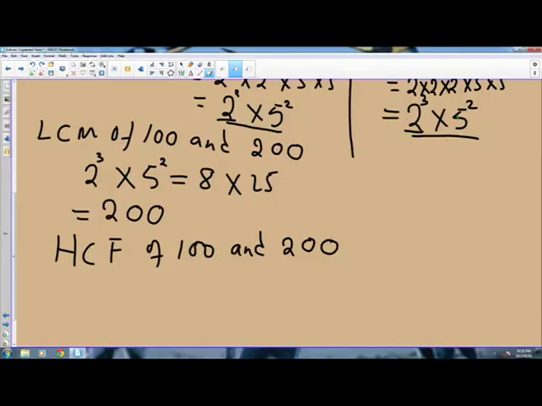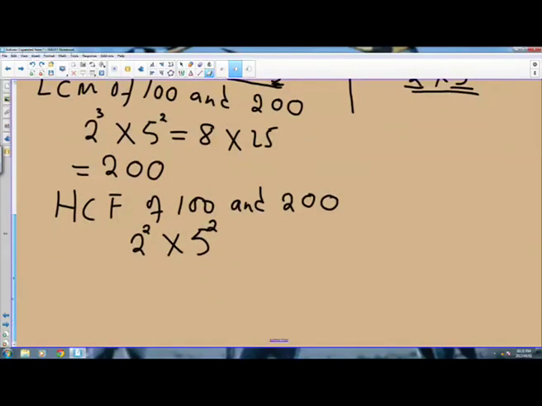So this will be 2 to the power 2 times, and then check. We've got 5 to the power 2 and 5 to the power 2 here. When you compare them, these are just the same. So we'll take 5 to the power 2 and multiply it with 2 to the power 2.